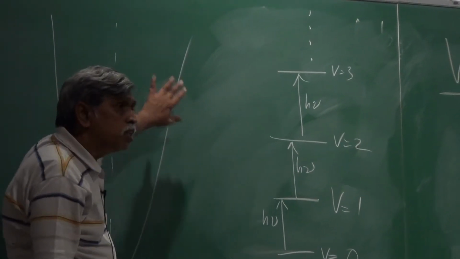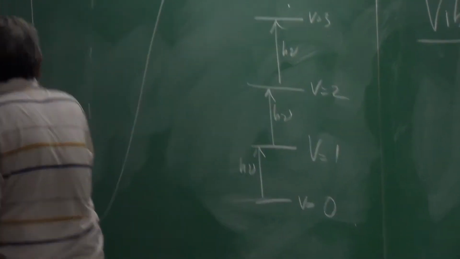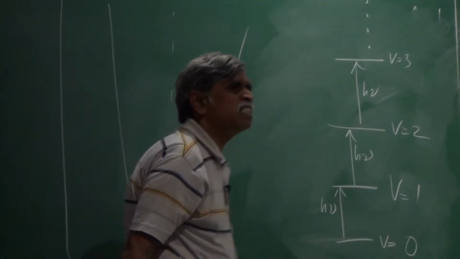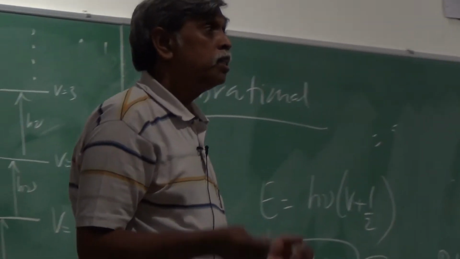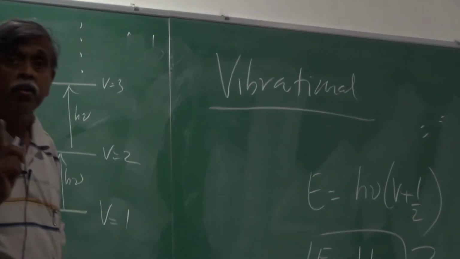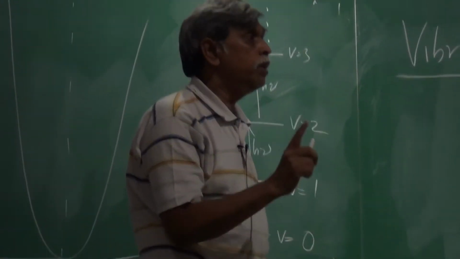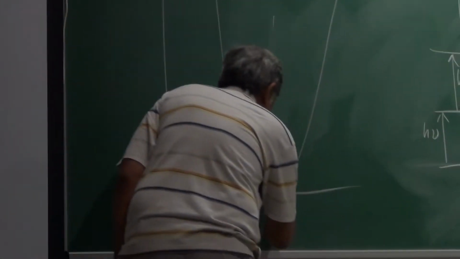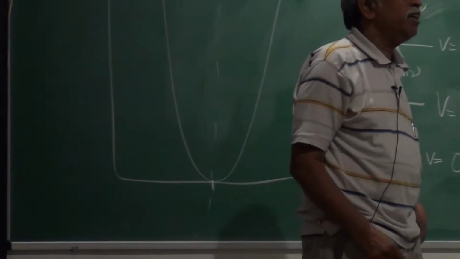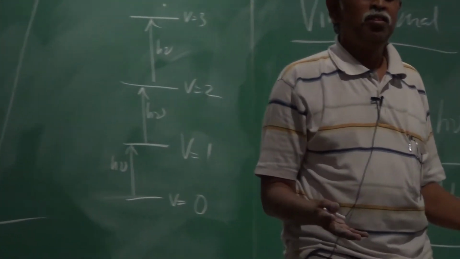Now let's try to understand what this potential is trying to tell me. It's trying to tell me how the molecule is going to oscillate. What is this point over here going to be? It's called the equilibrium internuclear distance.